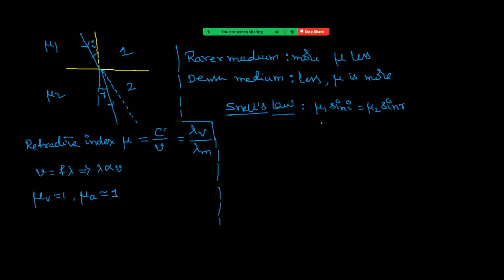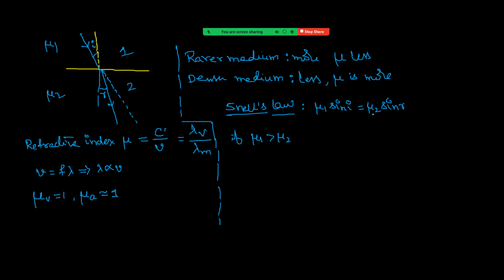For example, mu1 is greater than mu2. See what it means. Mu1 greater than mu2 means it is traveling from denser to rarer medium. Okay. Now see carefully. Mu1 greater than mu2.